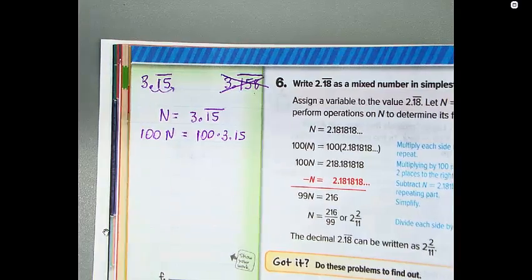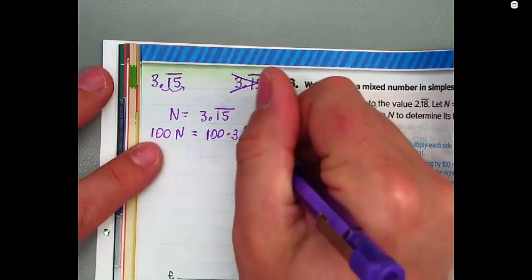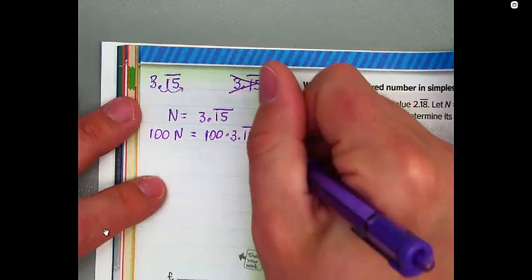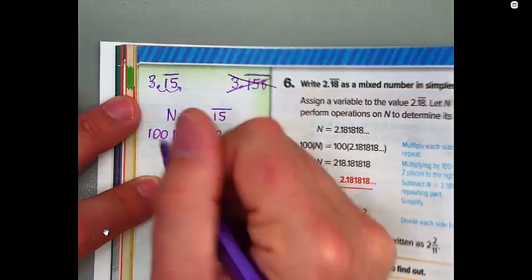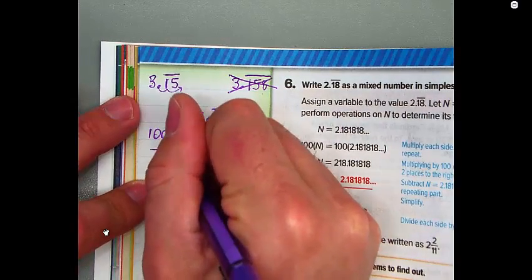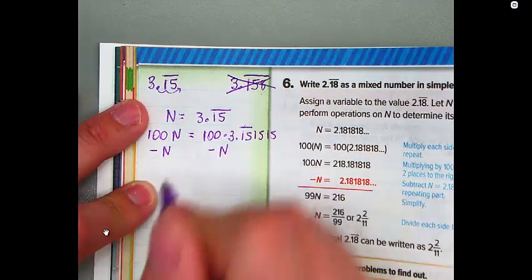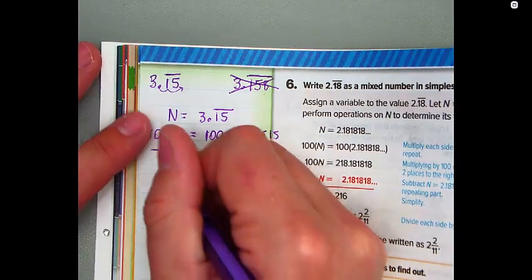Now, how many n's do I want to take away? Oh, let me put my repetend on there. How many of those do I want to take away? And of course it's 1515 forever here, but we can just stop it there. I'm going to do the same thing. I will take away an n. Okay? Which leaves me then with 99 n's on my left side.